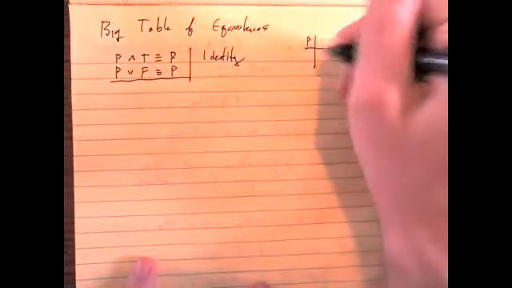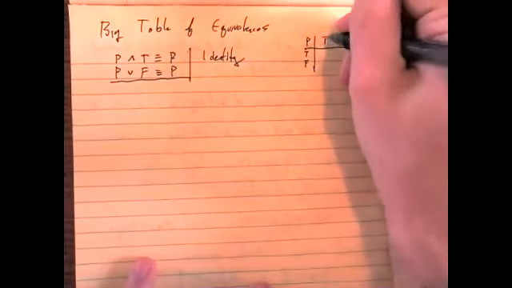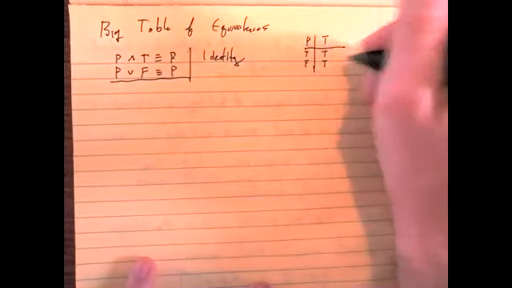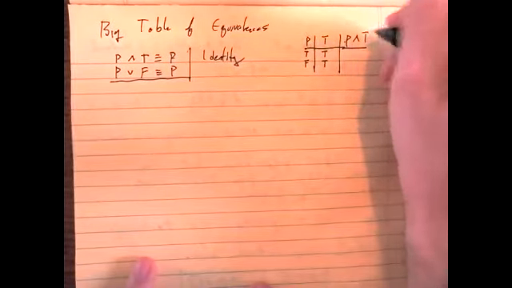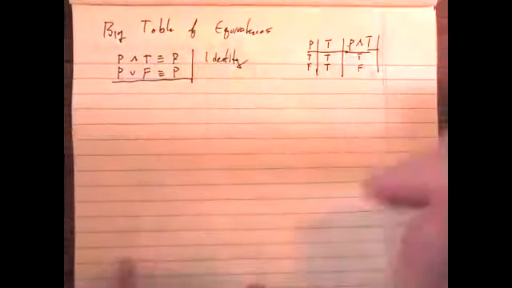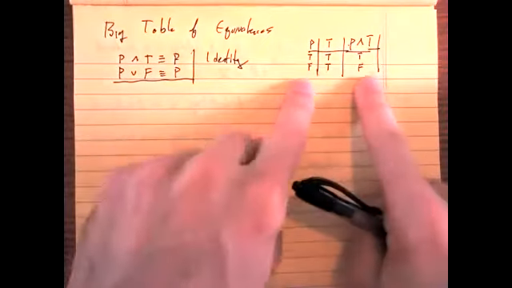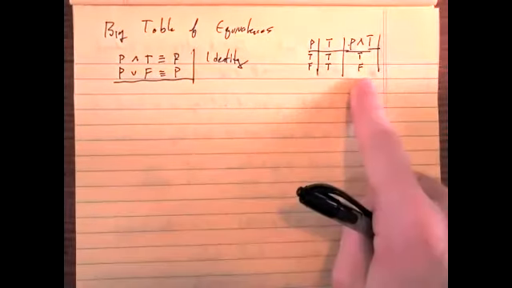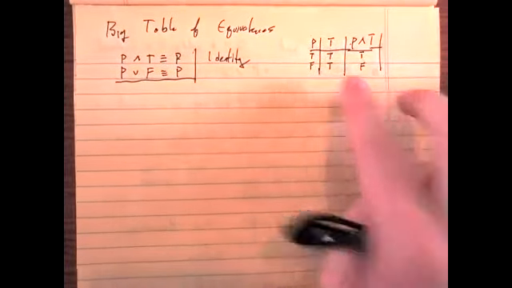I'm going to have P being true or false. I'm going to have a proposition true, which is true and true. And then P and true is going to be true here and false here. So we see that P and true have the exact same truth table.